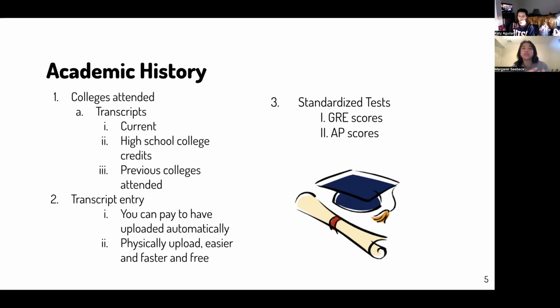And then what they don't tell you for this is that you also have to make sure you send your GRE scores to the school that you're applying to. So you physically put in your GRE scores through the academic history, but then you also want to make sure through ets.org, which is the GRE website, that you submit those individual scores to the schools you're applying to.